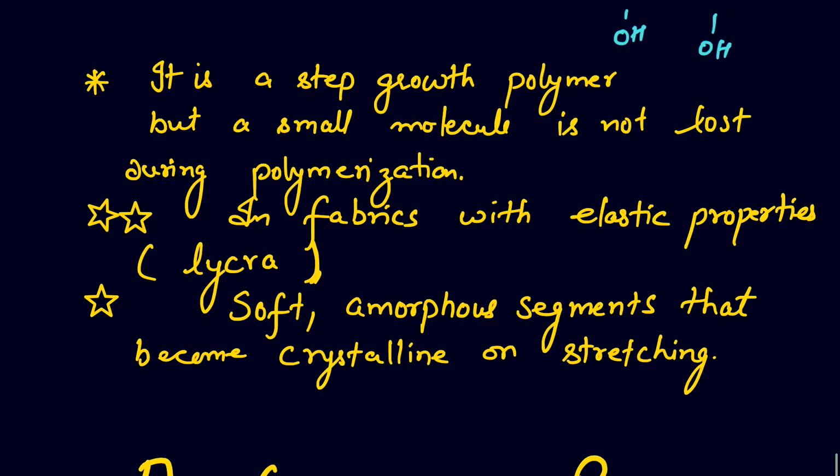It is a step growth polymer, but a small molecule is not lost during this polymerization. It is used in fabrics with elastic properties, for example Lycra. It is soft, and its amorphous segments become crystalline on stretching.